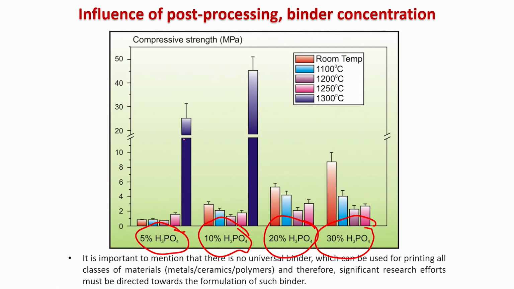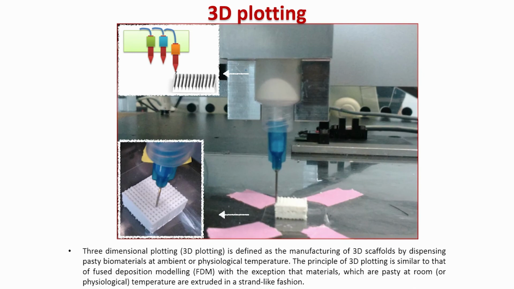You can see that at a particular composition the strength increases after debinding, and if you increase to a higher concentration of phosphoric acid, the strength again drops down. So, these results indicate that 10% phosphoric acid binder concentration is the most suitable for the post processing.